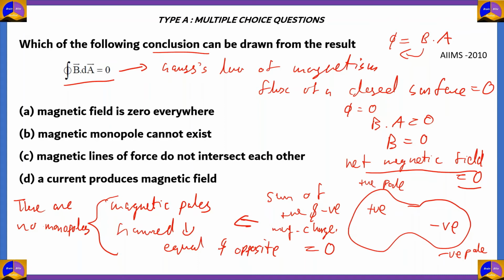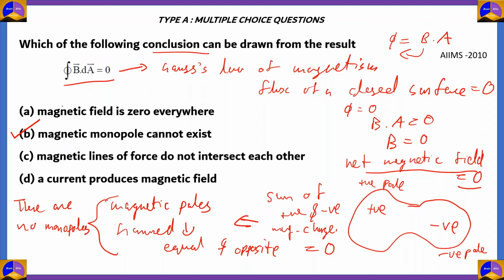But Gauss's law of magnetism is experimentally proven, so we know that the situation where monopoles exist does not occur. So magnetic monopoles do not exist. That is the correct conclusion which we can draw from the Gauss's law of magnetism.